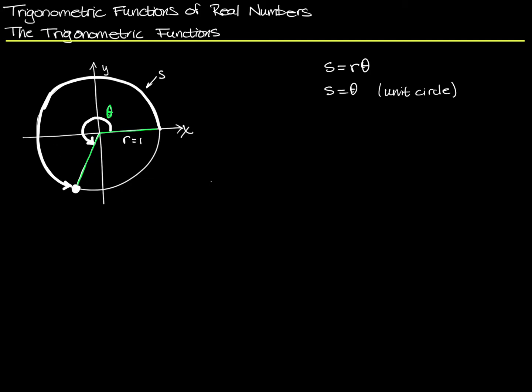Also in 5.1, we started calling theta t, and we referred to theta bar, which I haven't really been using, but we know that to be a reference angle. We started calling that t bar and called it the reference number. So the reference angle and the reference number have the same numerical value. They're just a different perspective on the situation.